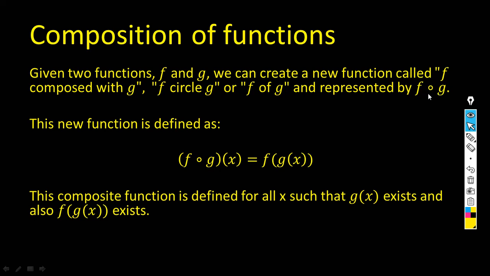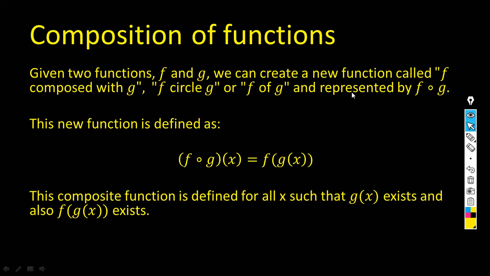How do you read this? f composed with g, or f circle g, or f of g. There are like 7 or 8 ways to pronounce this symbol, but these are the most important ones. En español esto se dice F bola G, o F compuesta con G.